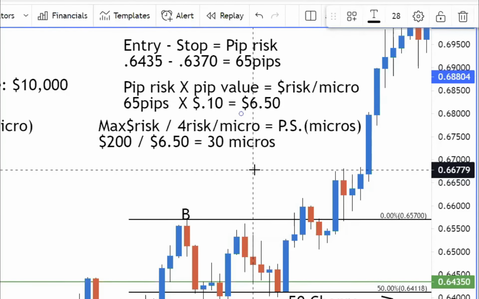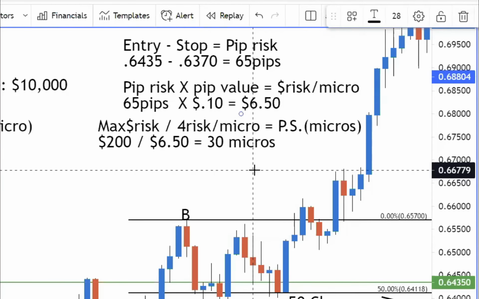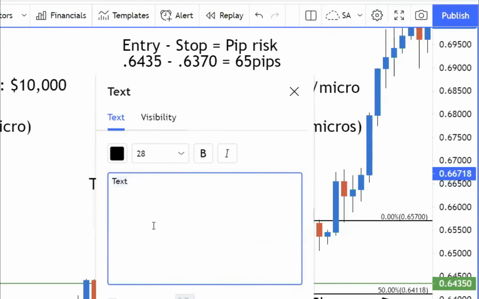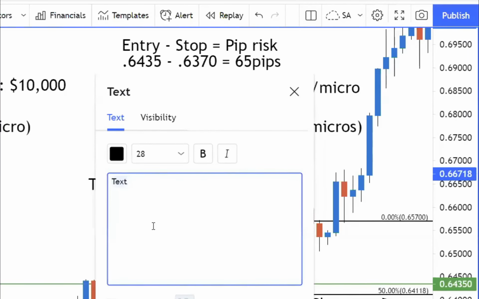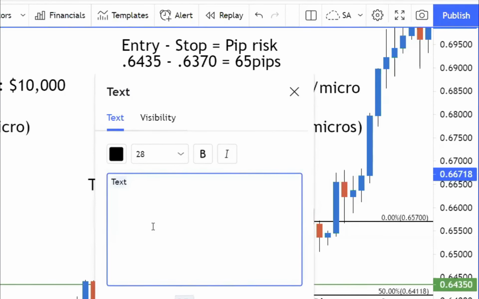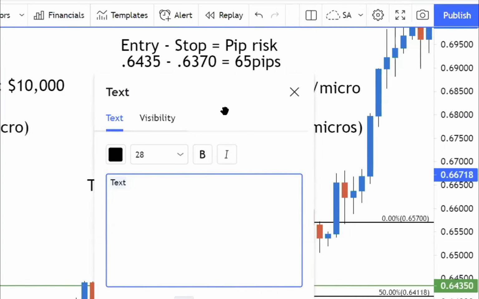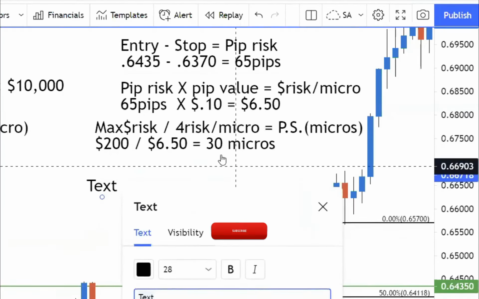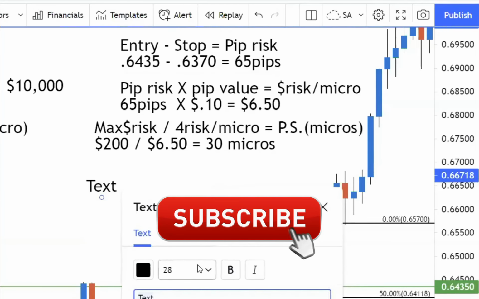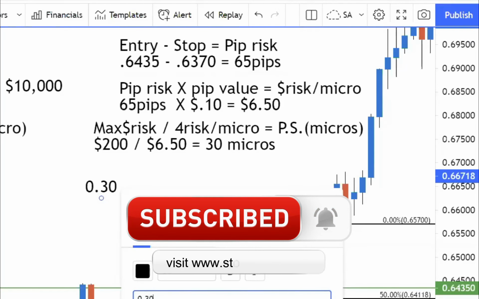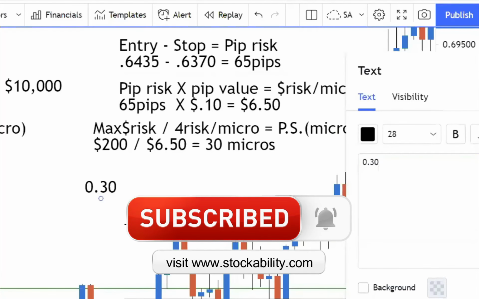So if your broker did it in lots like IG or Forex.com, they all use lots. If your position size was 30 micros, then they would have you put in a position size of 0.30.